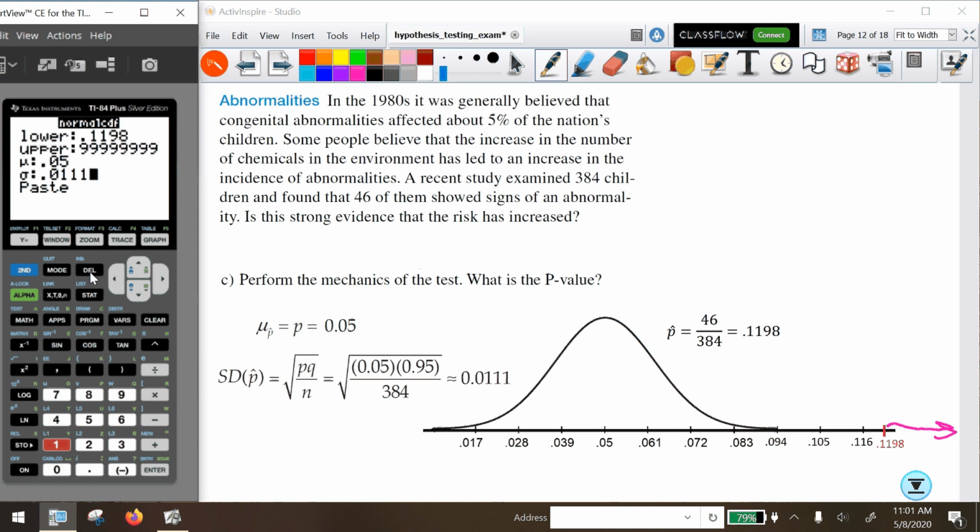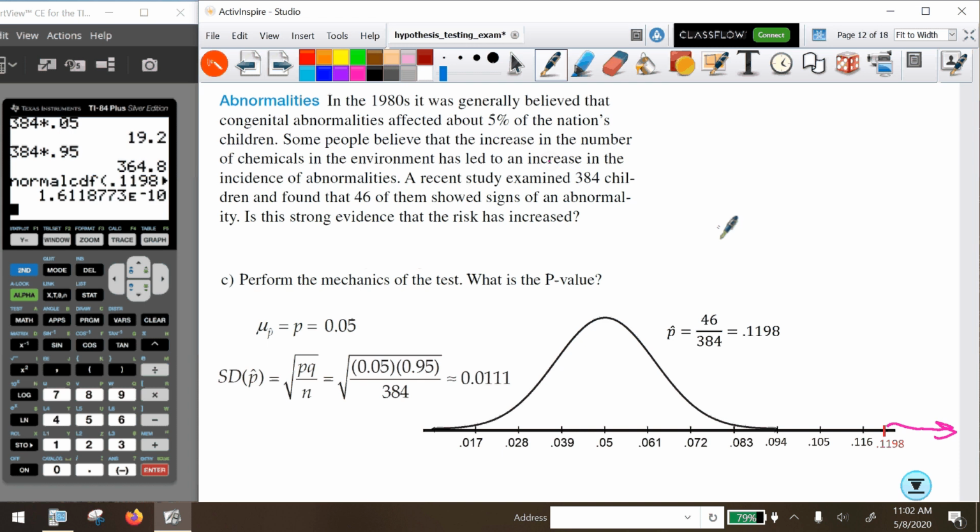All right, let's see what the probability of obtaining a sample proportion that far from the mean or further is. Well, 1.6118 E negative 10. What that E negative 10 means is that we have to move the decimal point 10 times to the left.